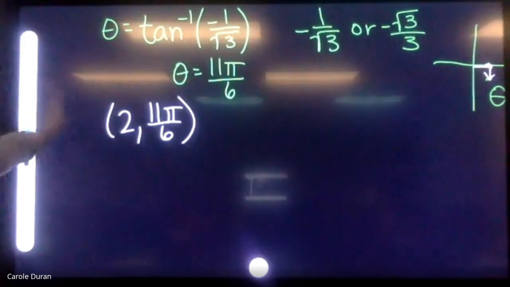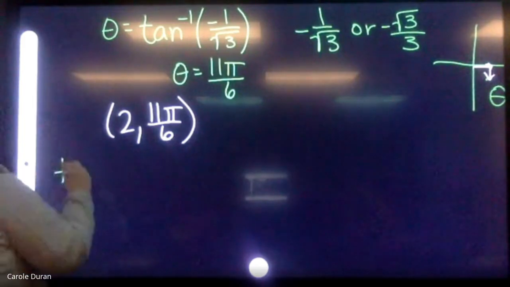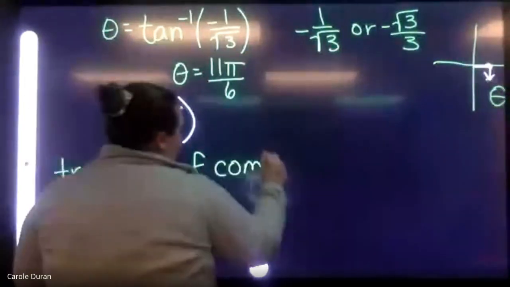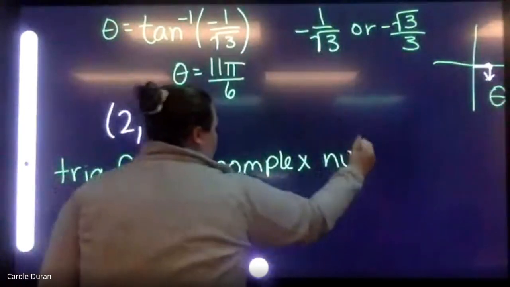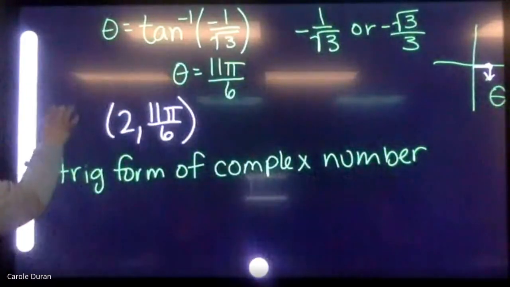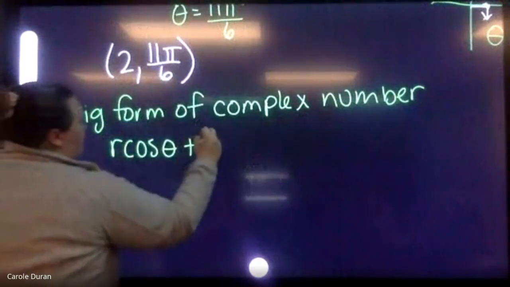So I have this polar point, correct? What if I wanted to rewrite my complex number as a trigonometric form of a complex number? So now I would like to write the trig form of a complex number. Remember from before, my trig form of a complex number is r cosine of theta plus r sine of theta i.